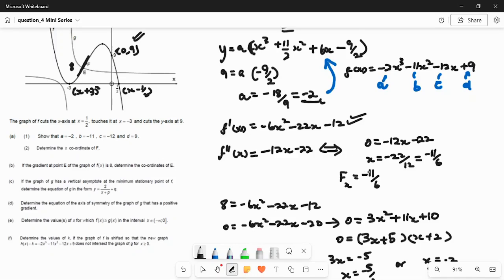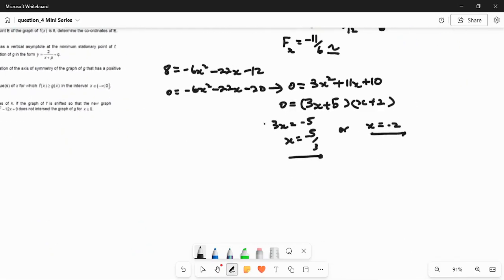Let's get a rough approximation of this. 11 divided by 6, that's a negative 1.83 recurring, so at E we've got to have a lesser value than that.